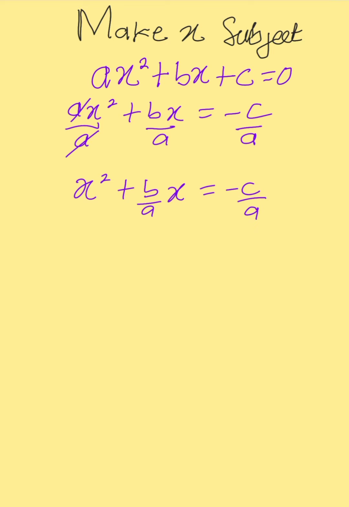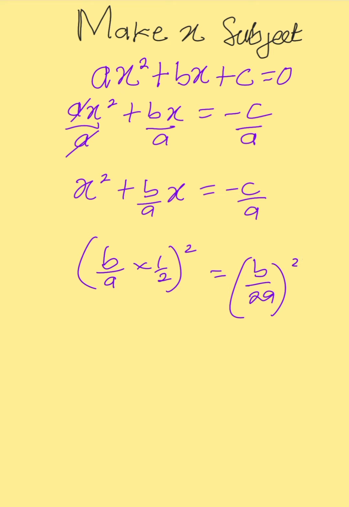To factorize the left-hand side, we can decide to add half of the coefficient of x all squared to both sides. Now, the coefficient of x here is b over a. Find half of it, then square it and add it to both sides. This will be b over 2a all squared.